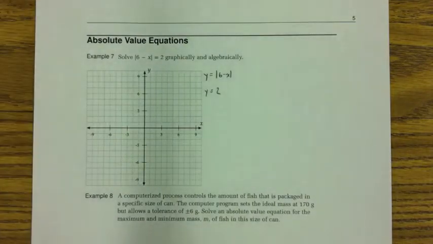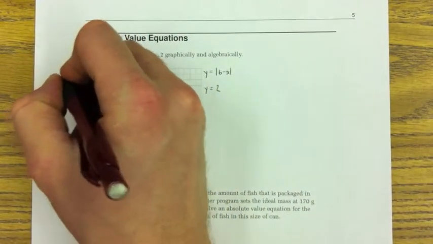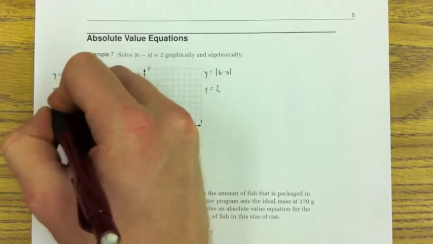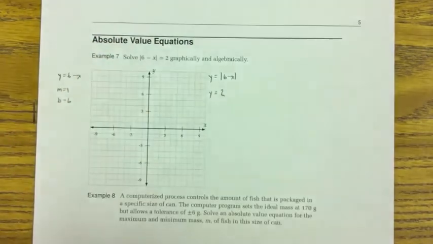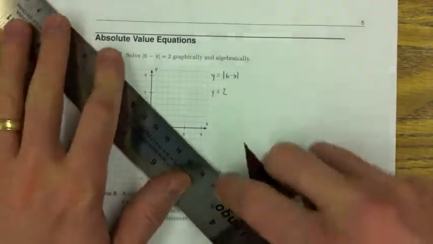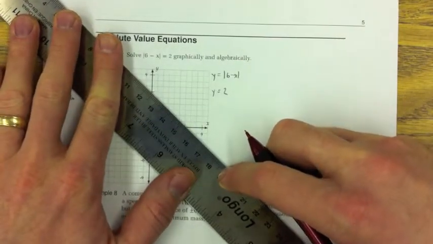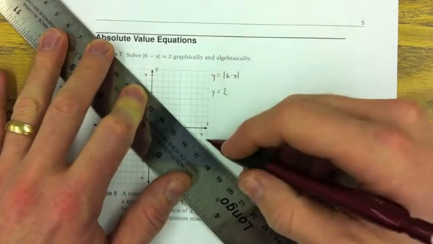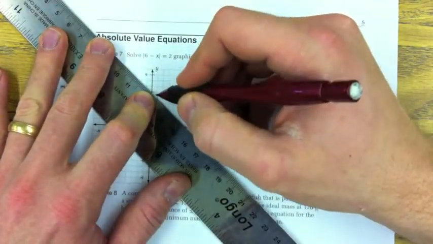Alright, the absolute value of 6 minus x. It's associated with y equals 6 minus x, which has a slope of -1 and a y-intercept of 6. So there I'm on my y-intercept. Got a slope of -1 going on here. I'm 1 over and 1 down.